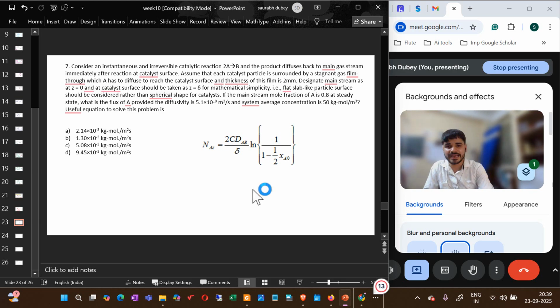Assume that each catalyst particle is surrounded by a stagnant gas film through which A has to diffuse to reach the catalyst surface, and the thickness of this film is 2 mm.